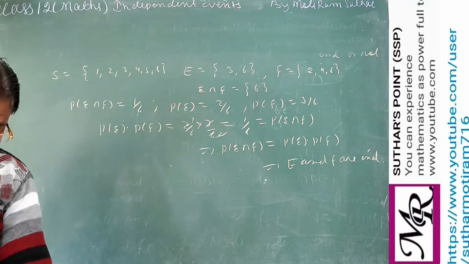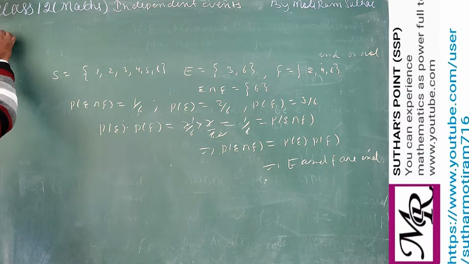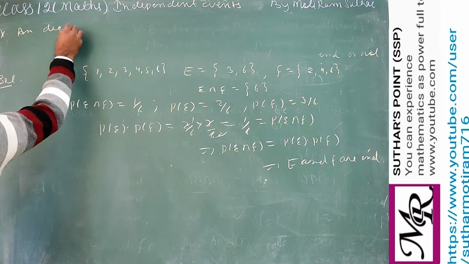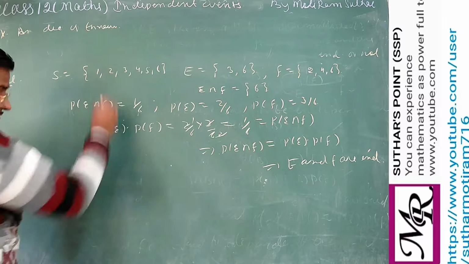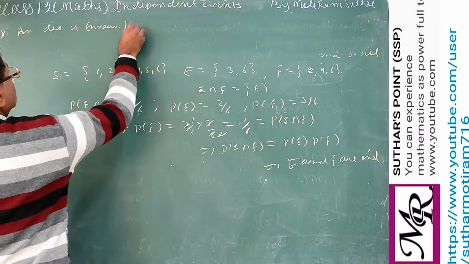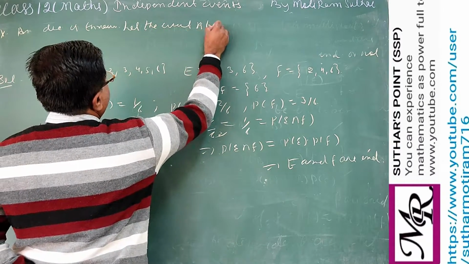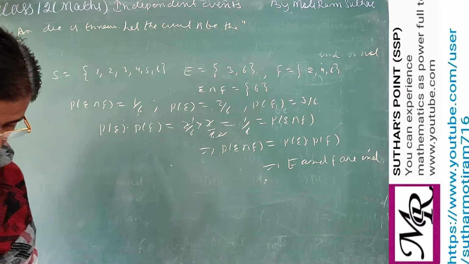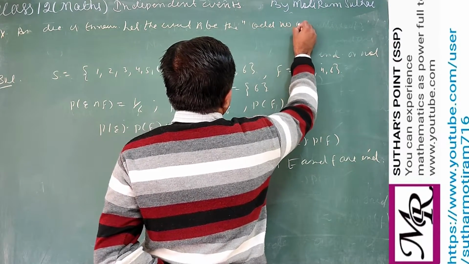It says an unbiased die is thrown. Let the event A be an odd number on the first throw. First throw shows an odd number.